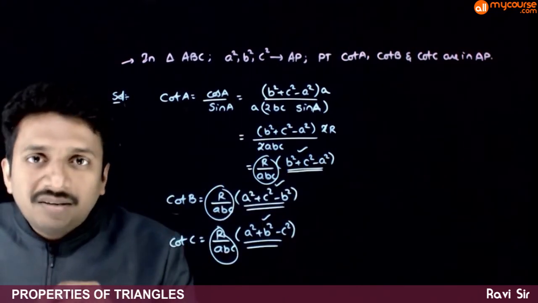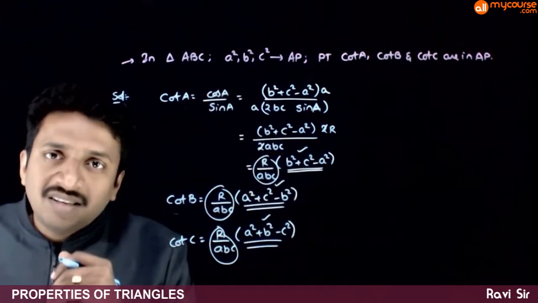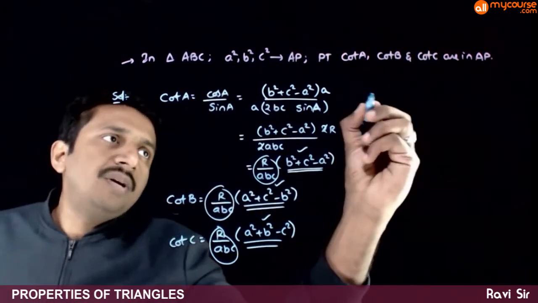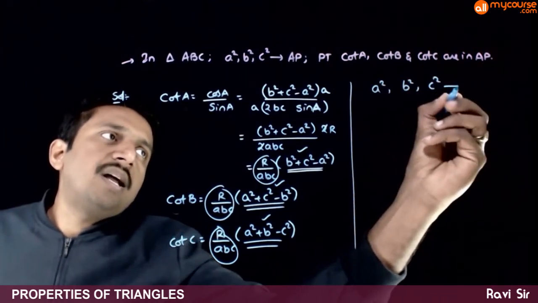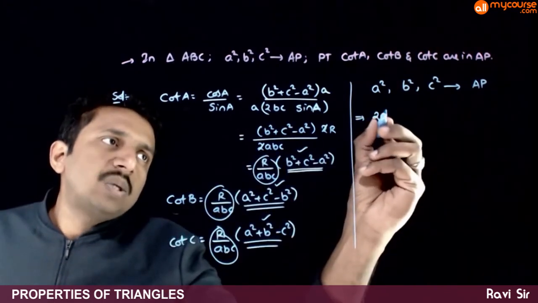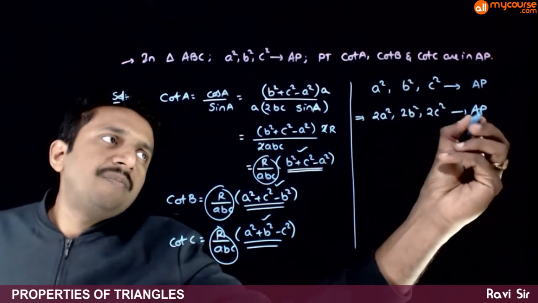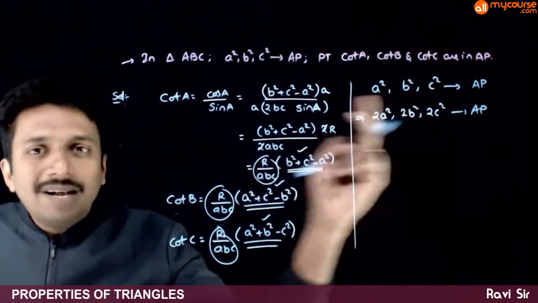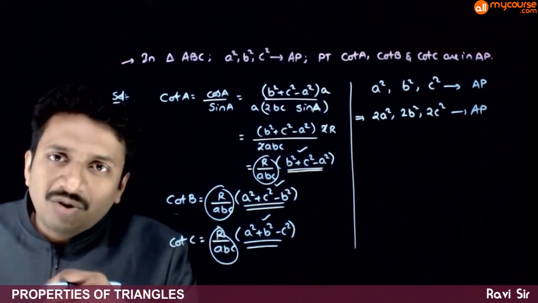So I'll try to do that. I'll start with the given information and try to prove that these things happen. Given that a square, b square, c square are in AP, this implies 2a square, 2b square, 2c square are also in AP, because if I uniformly multiply all these terms with a given term, the AP does not change.